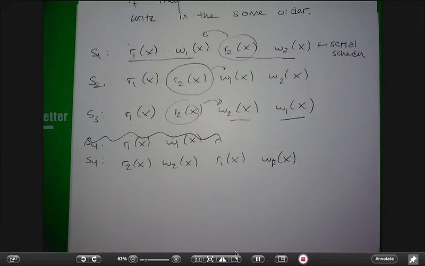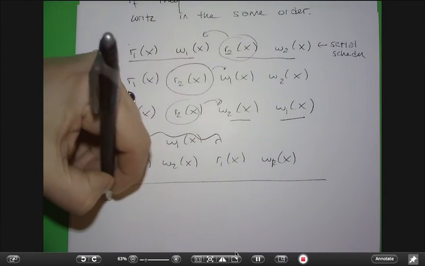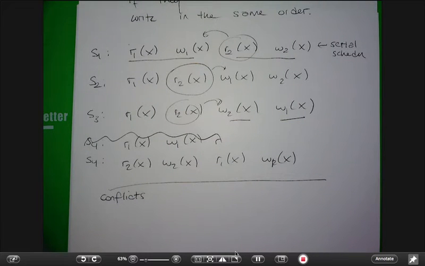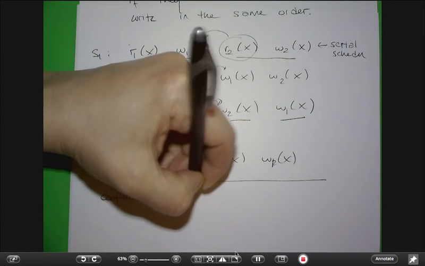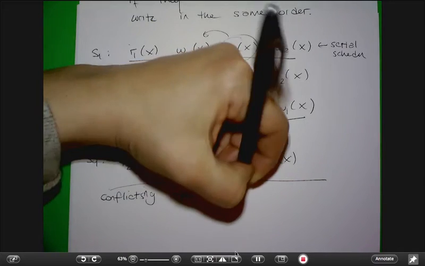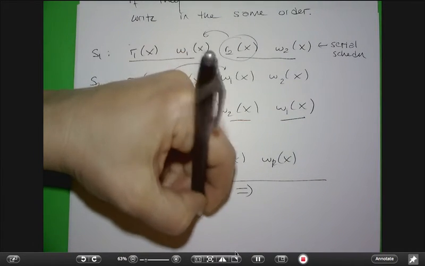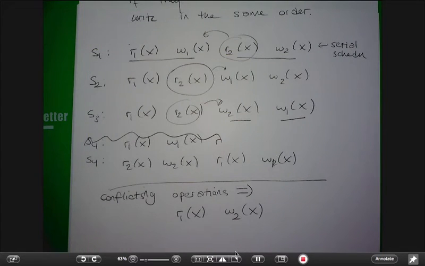So ultimately what we are looking for is conflicts. You're looking for conflicting operations done by transactions. The idea is that if a transaction writes a value and another transaction reads that value, this is called a conflict.